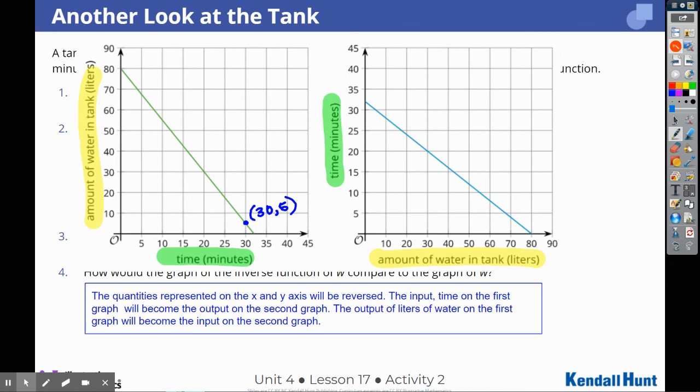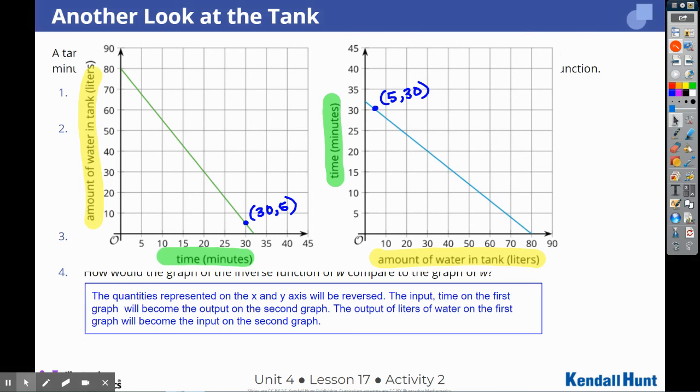So on this one, if we looked at 5 liters in the tank, we would see that it is also at 30 minutes. So your inverse function is just a reverse of what your input and output were in the original equation if you rearrange it correctly. And it helps us find what we're looking for a little bit faster than having to rearrange that equation and solve every single time.